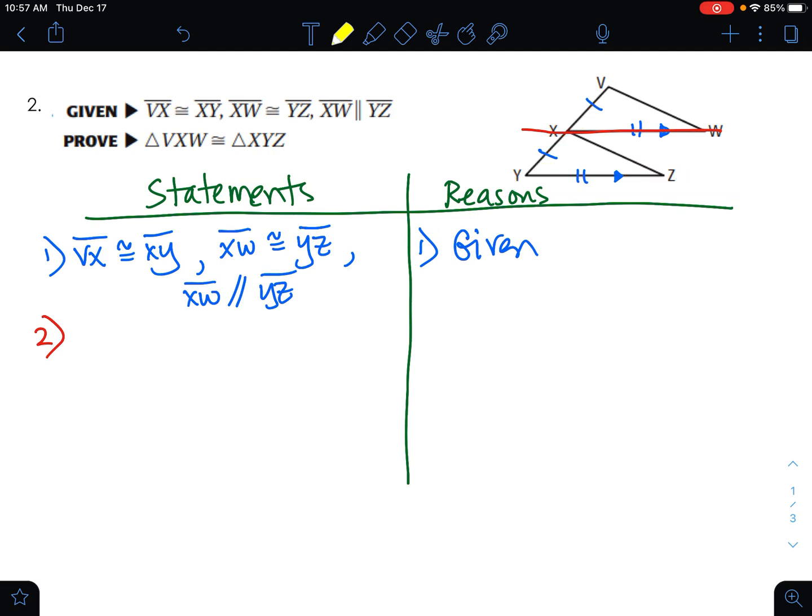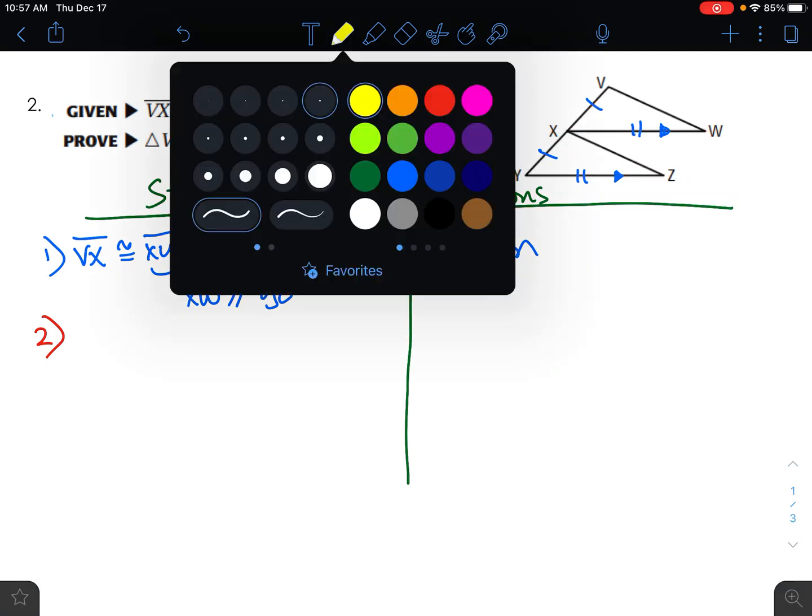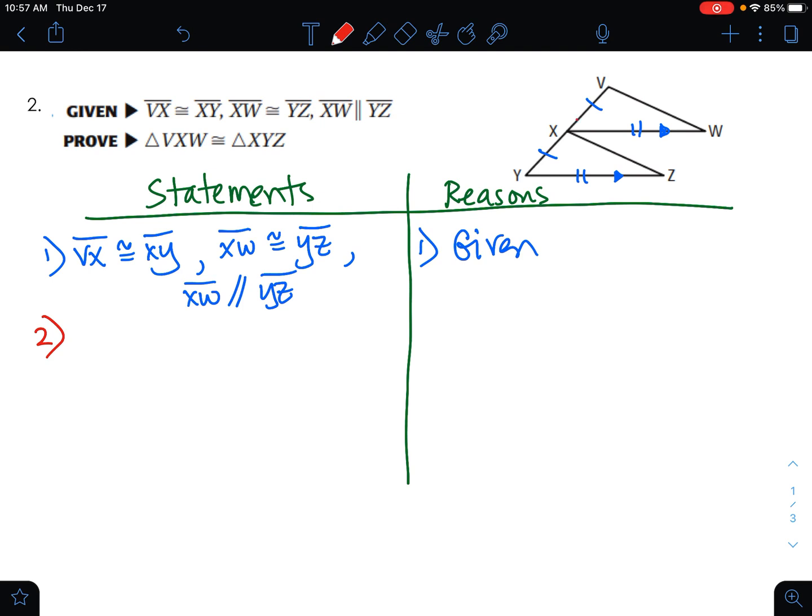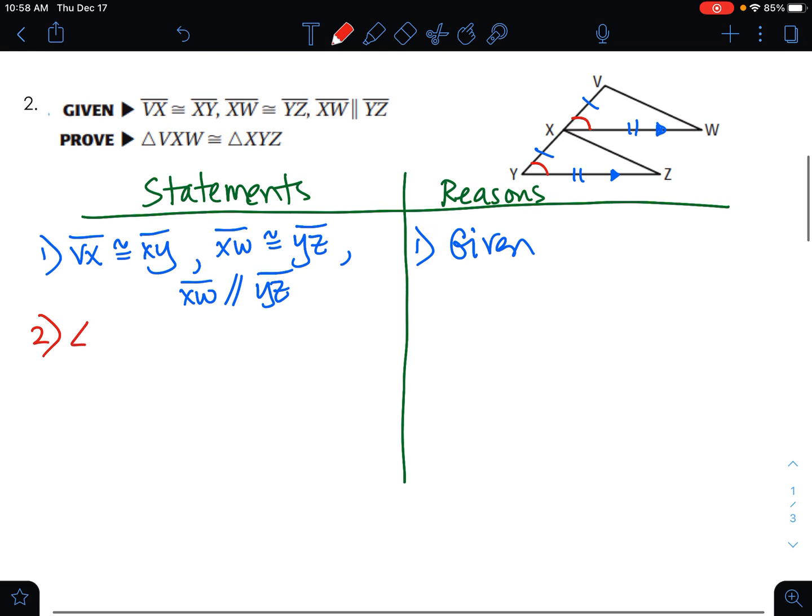All right, so let me clean this up a little bit. So I'm going to put a single arc here and a single arc here. And these are corresponding angles. So because the lines are parallel first, this is the corresponding angles postulate. Now you could say corresponding angles theorem, but this is not the converse. The converse would prove the lines are parallel, and I already know they're parallel.